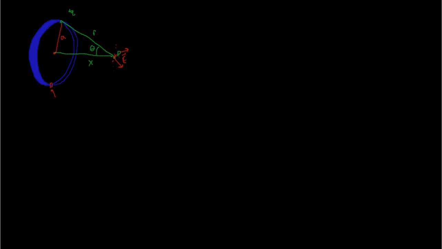Now mathematically, we need to break up that vector and analyze it. If we break up this electrical field vector into the vertical part, which I said we don't need to care about because it will cancel out with another point's vertical component, we just look at this x part.